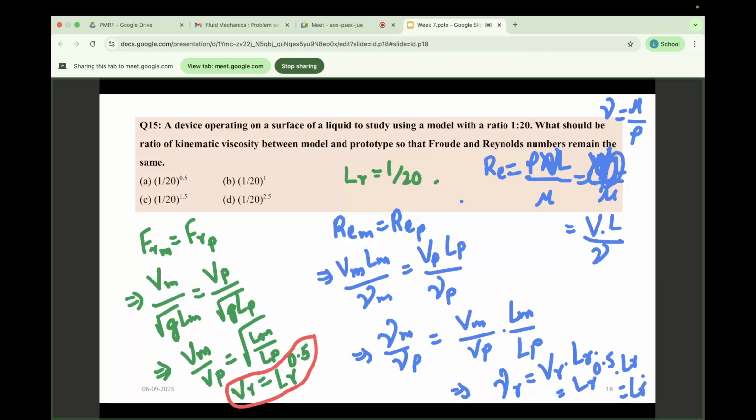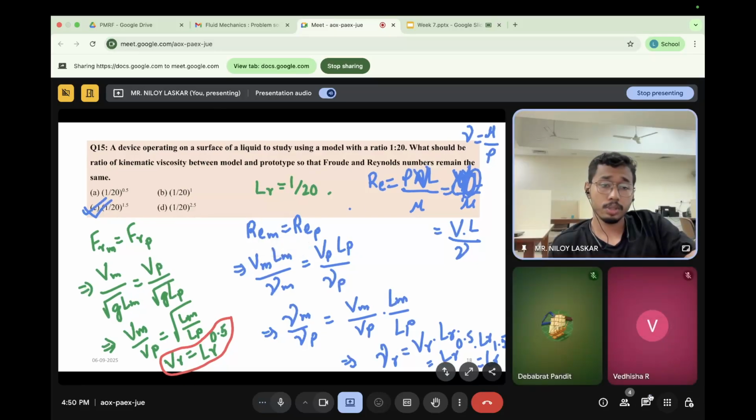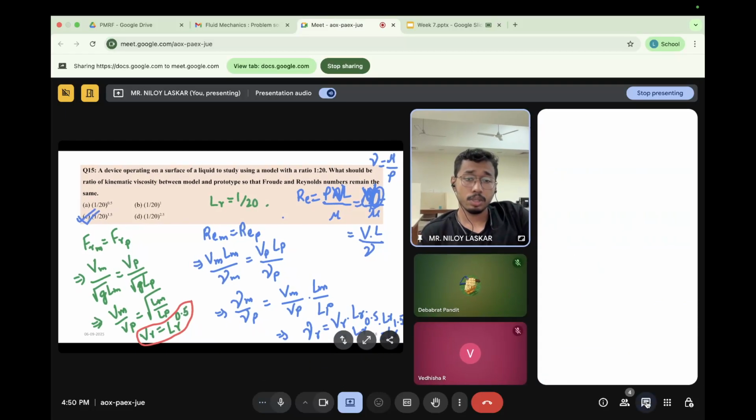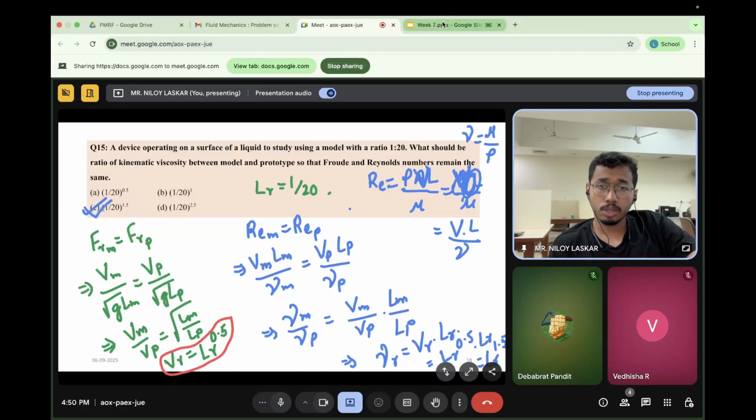That means nu R is L of R to the power 1.5, right? So that's why the correct option is option C. So option C is your correct option, right? I think you understand this concept. Okay. So I am giving you another question.